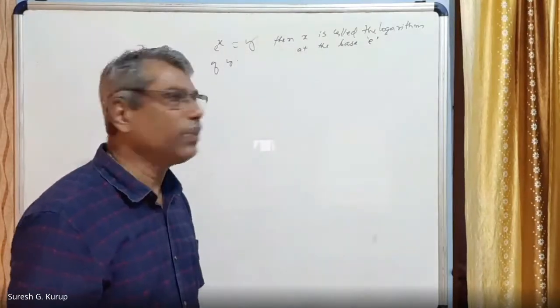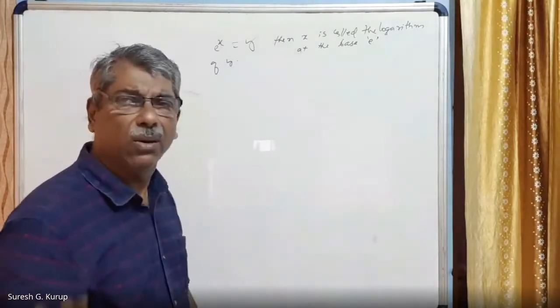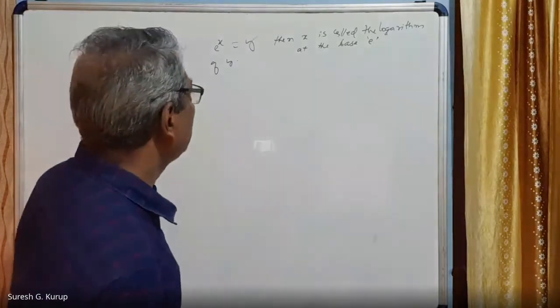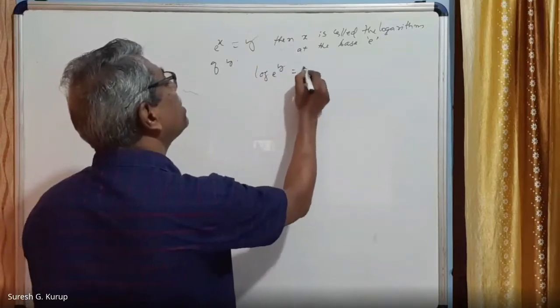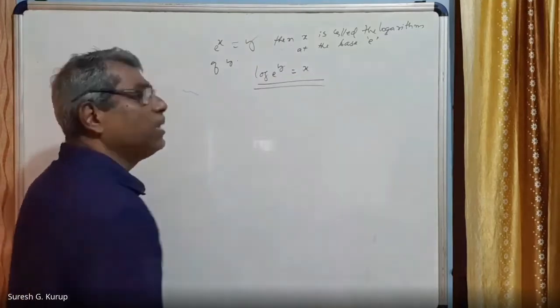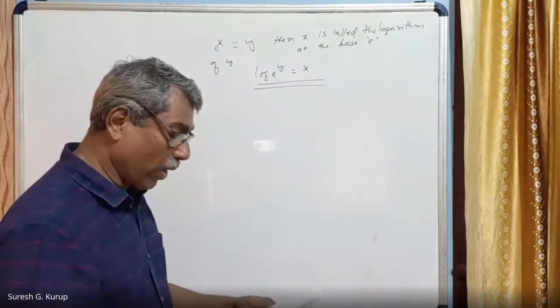I don't exactly remember the value. e is a constant at the base e. That means we can write log y to the base e is equal to x. x is the logarithm of y.